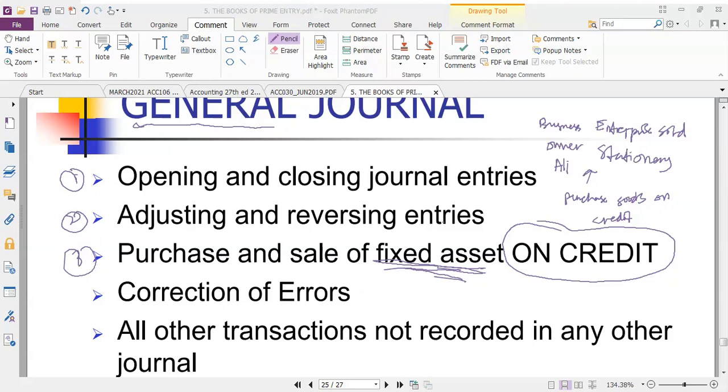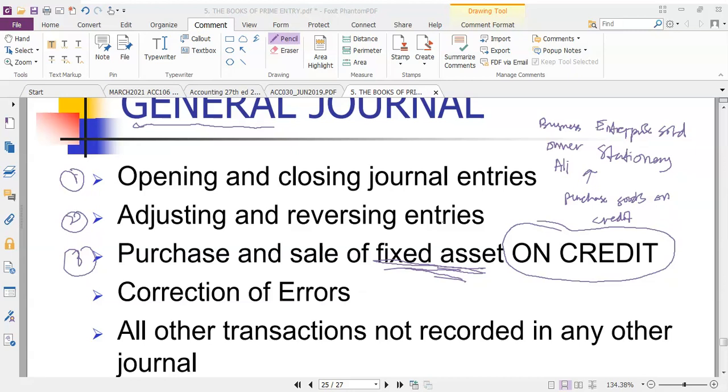Cepat. Semua boleh nak jawab. Semua sekali jawab. Arwin? Dekat mana dia nak kena masukkan? Purchase journal ke general journal? You think what journal?